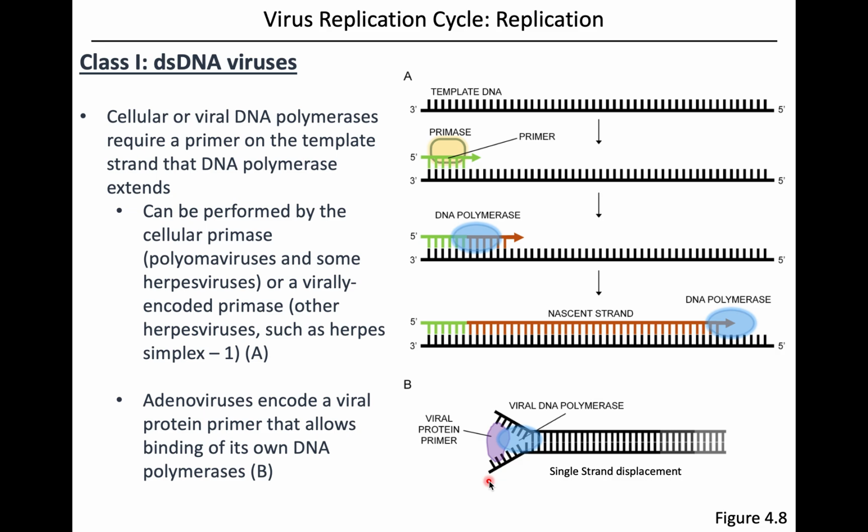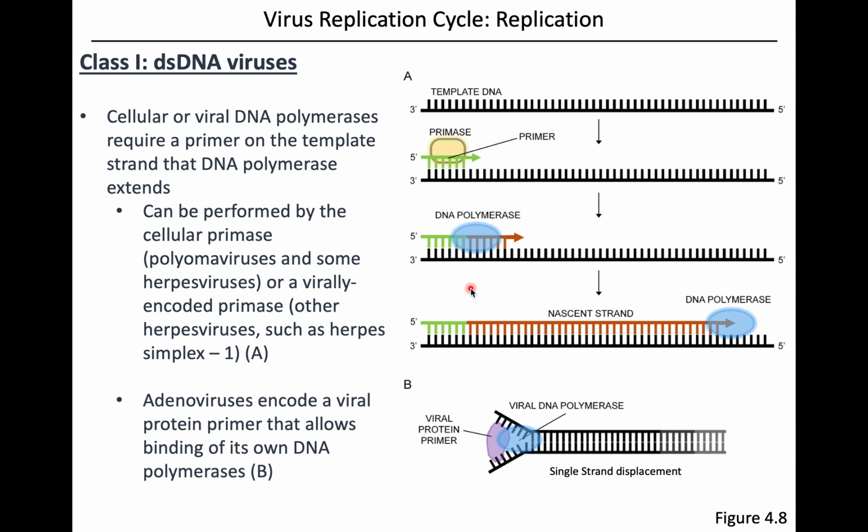And so in terms of how the actual copying of the DNA is going to take place, it could be very similar to what you've already learned if you've studied cellular DNA replication, where you have primase making a primer, then that primer being extended by a cellular DNA polymerase. That would be pretty typical, right?